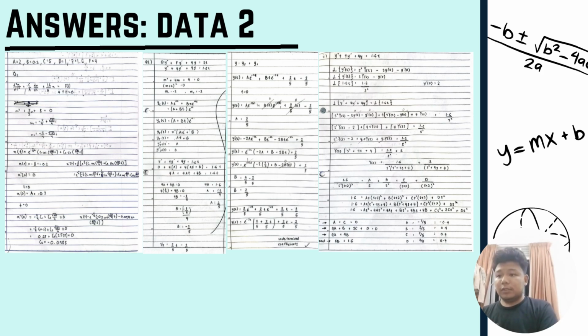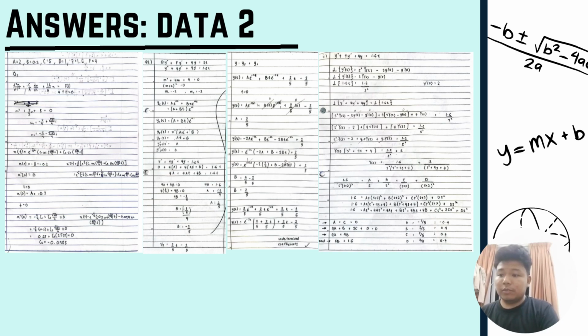For the Laplace method, we lay out the Laplace transformation first, then we arrange the equation prior to the Laplace transformation, and then we arrange it into the partial fraction form. From the partial fraction form, we get the simultaneous equations.